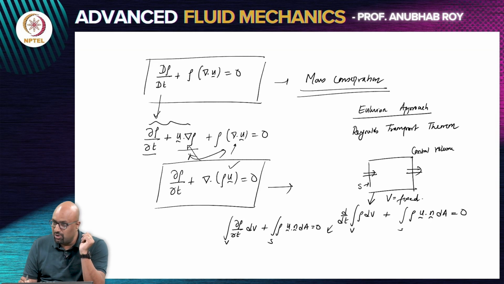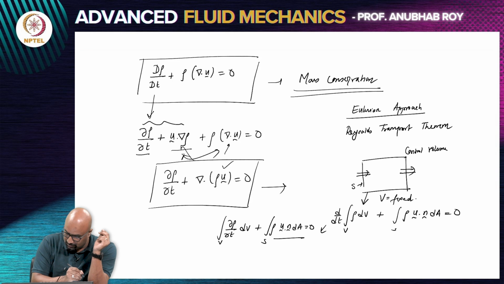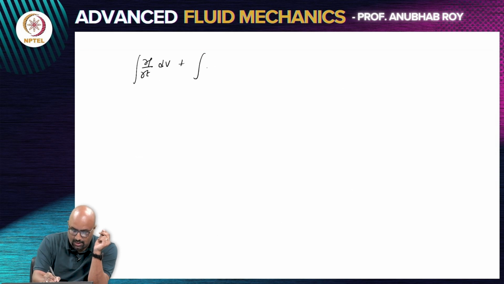Now, because this is a surface integral, if I apply the divergence theorem, I have the integral of dou rho dou t dV and rho u dot n over the surface area is equal to 0.